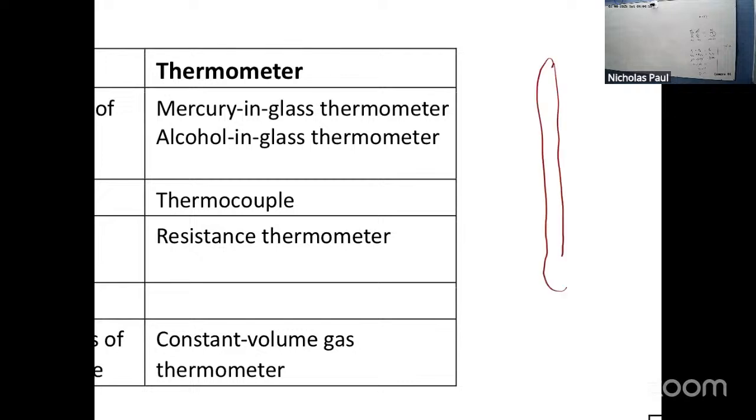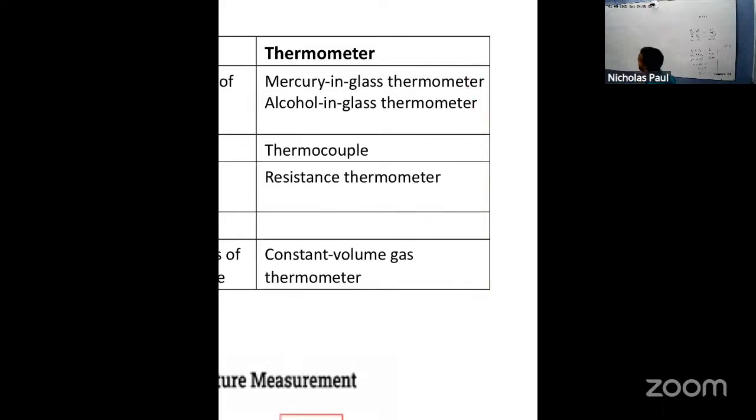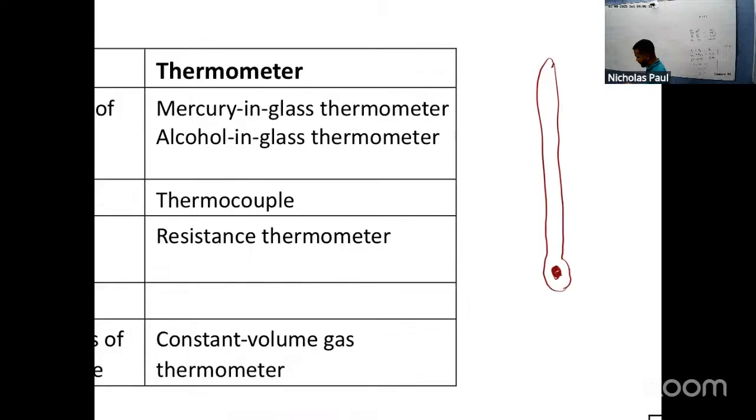So let's say I gave you a little thermometer and I heat it. What will happen if I heat the thermometer? It'll go up? Yeah. What will go up? The mercury, right? But why is the mercury moving up?